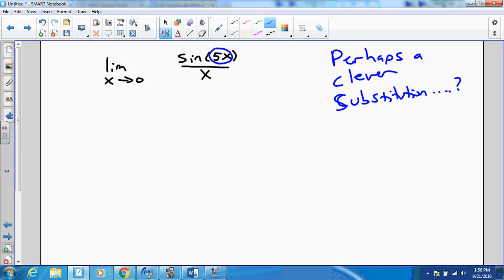I've got this sine of 5x thing and I don't know what to do with it. So I'm going to try letting y equal 5x. I picked the variable y out of the hat. I could have chosen u or theta or anything.